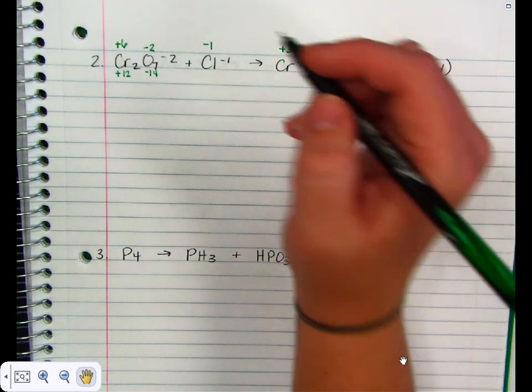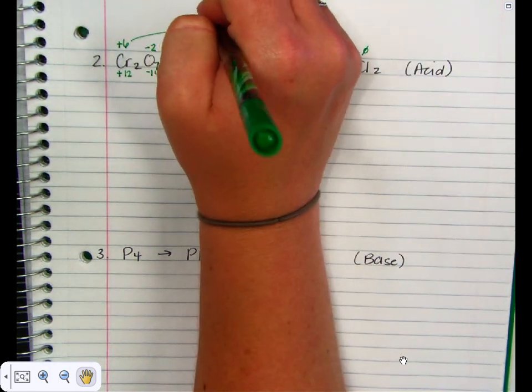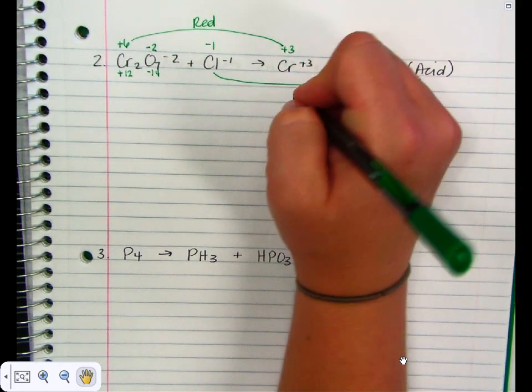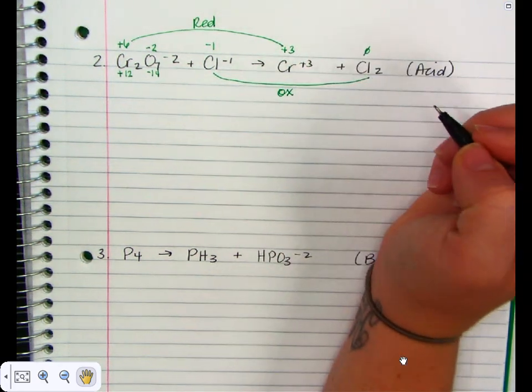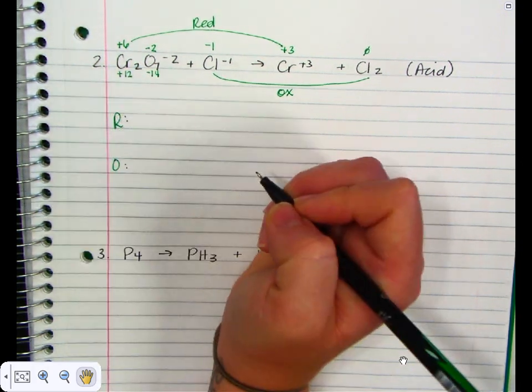So what's happening? +6 to +3, this is being reduced. -1 to 0, this is being oxidized. So I'm going to write my reduction half and my oxidation half.